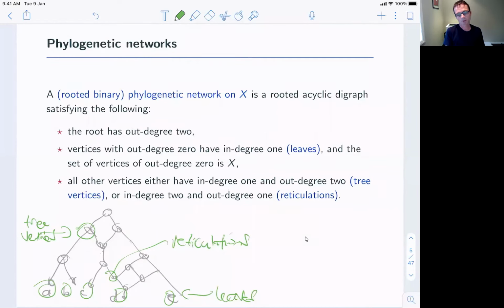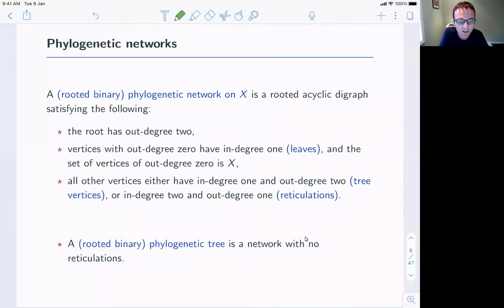They correspond to reticulation events, as the name suggests, something like hybridization, or it could be recombination, and those types of things. So that's what a phylogenetic network is. If I didn't have any reticulations, then I'd have a rooted binary phylogenetic tree.